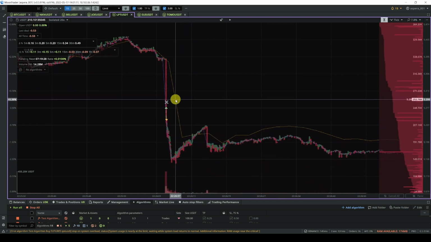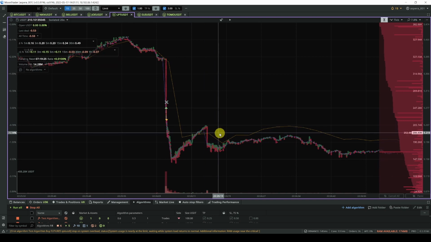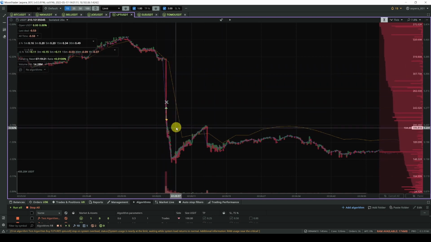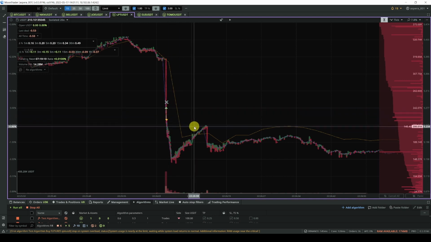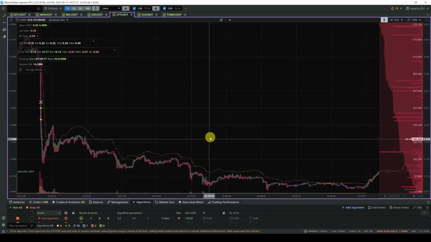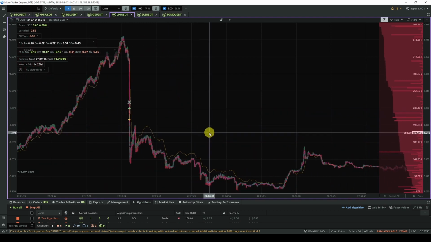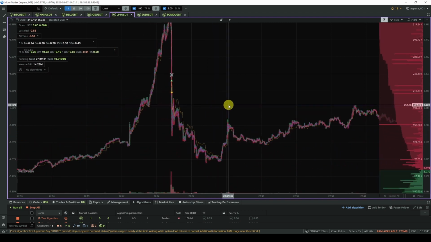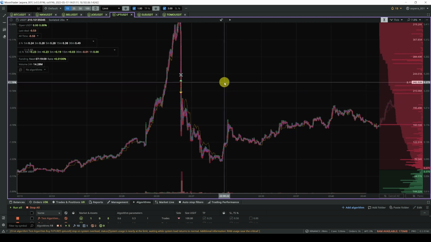And right here, this is a disaster. You see the price, it was a huge shot, and it did not roll back at all. So if you look at what happened to this coin, its price is still way below my open position line.